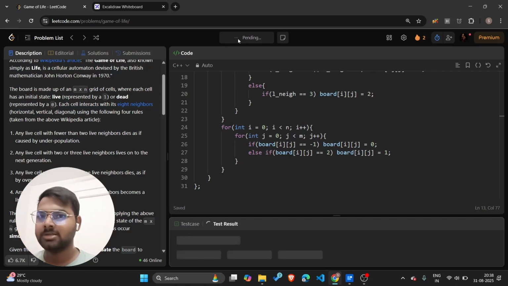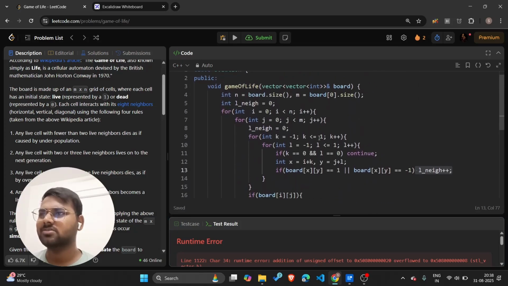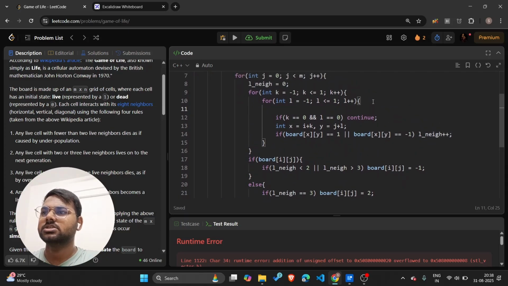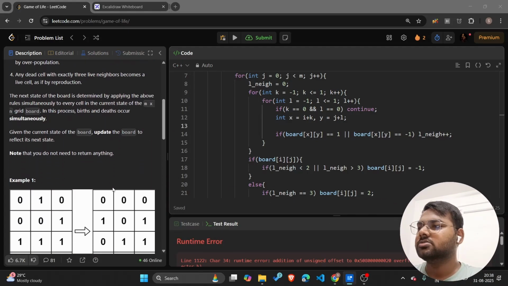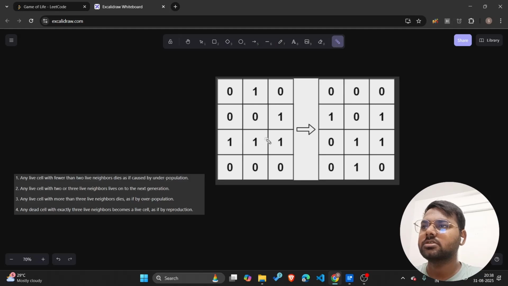Now let's run it. Runtime error. How can it be? Oh, okay. Sorry, my mistake. If we are going for that particular cell, these are the neighbors, but as per our for loop, it's going to get all 8 neighbors, and that boundary check is not there, so it is going to give us an overflow.